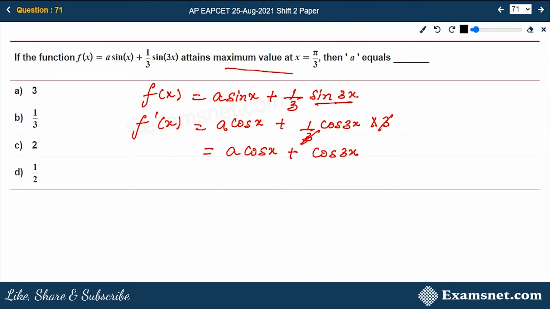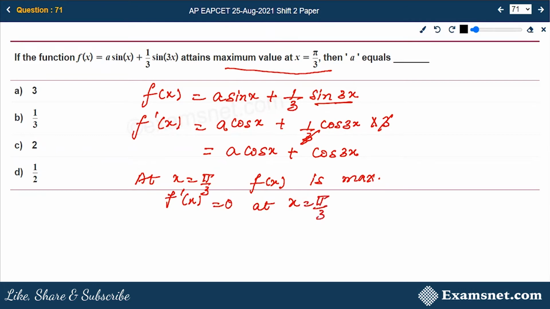Now it is saying it attains a maximum value at x is equal to pi by 3. At x is equal to pi by 3, f of x is maximum, which means derivative is 0 at pi by 3. When x is equal to pi by 3, the derivative is 0. So 0 is equal to a cos, I'll replace this x with pi by 3, plus cos 3 into pi by 3, cancel.